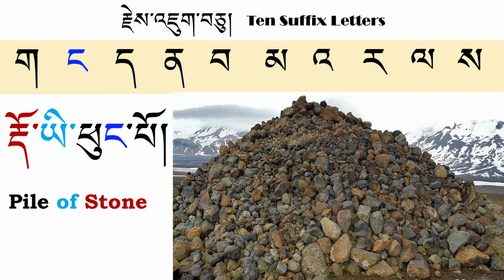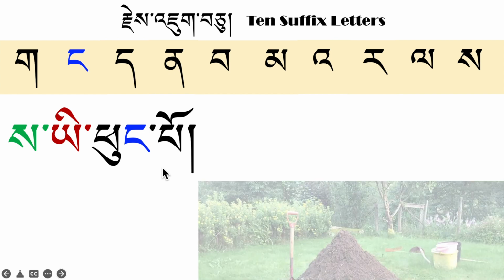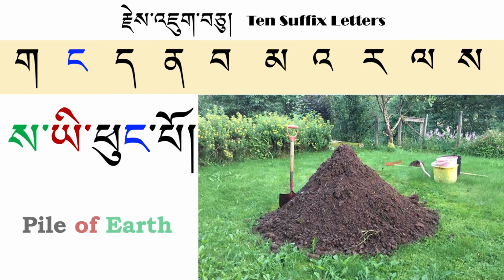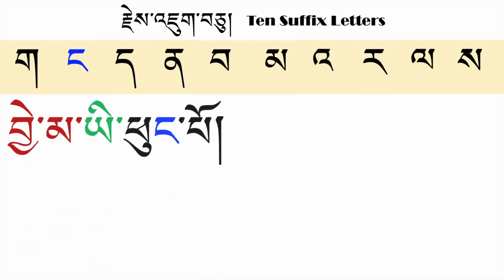Next one, sa, yakigu yi: sai pungpo means pile of earth or soil.